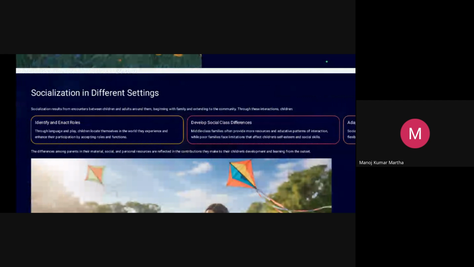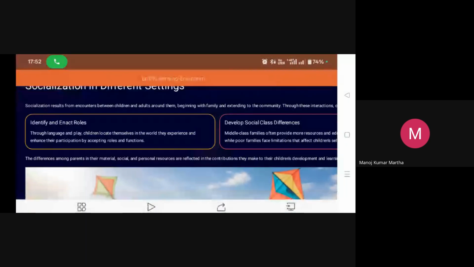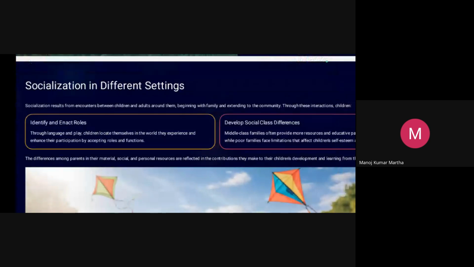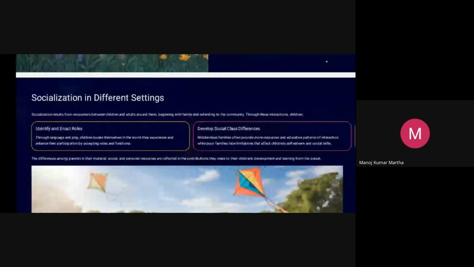Let us talk about the socialization process. So socialization in different settings, and socialization means the process in which a child becomes a socialized person. That is known as the socialization process. That process starts from the encounter between the child and adults around them, and that starts in the family, and then it extends to the community, and through interaction they learn different kinds of things.